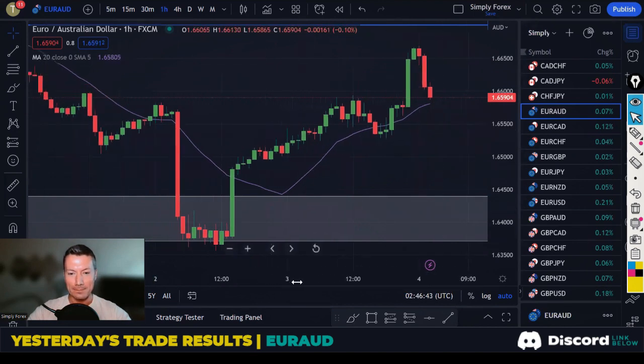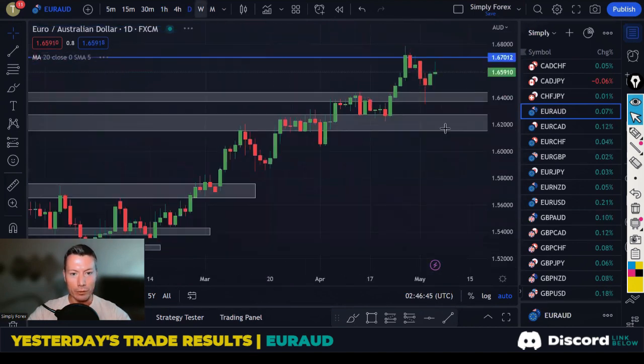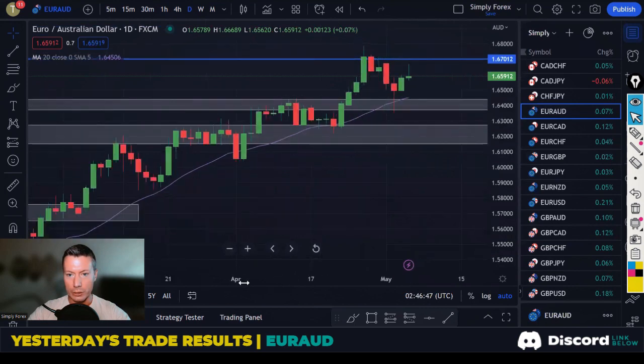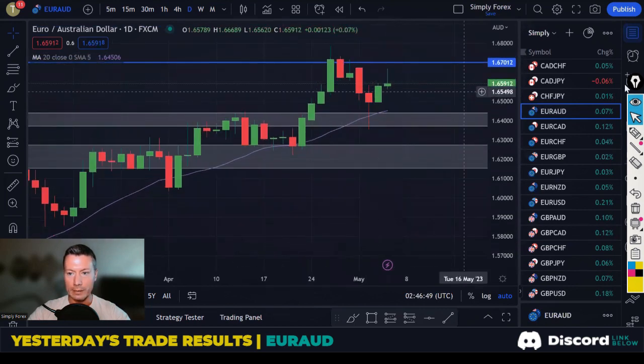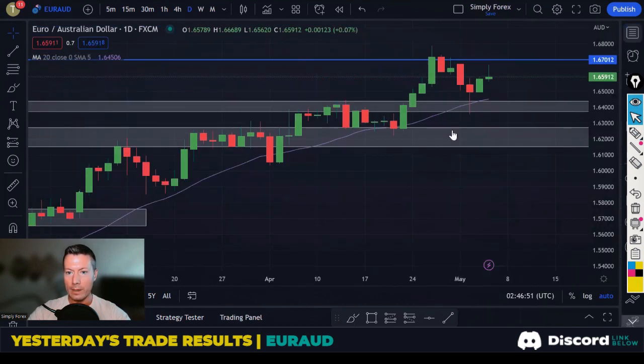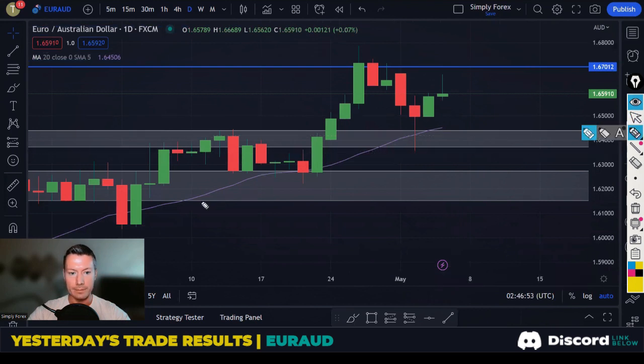Okay, so what were we seeing with Euro Aussie dollar, guys? Let's start with the day chart. Yeah, this will still be a trade for today. Yeah, we are in an uptrend. Yeah, clearly in an uptrend. You don't have to be Warren Buffett to see that. We came down to a good area of support and resistance, and then we got this wick.